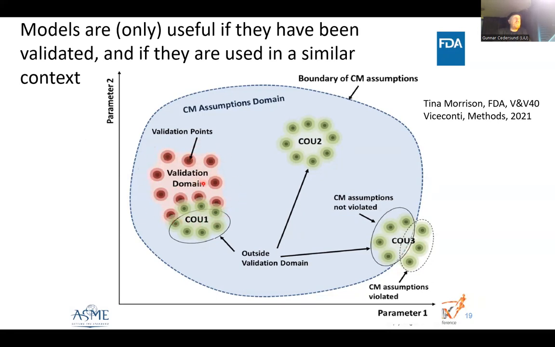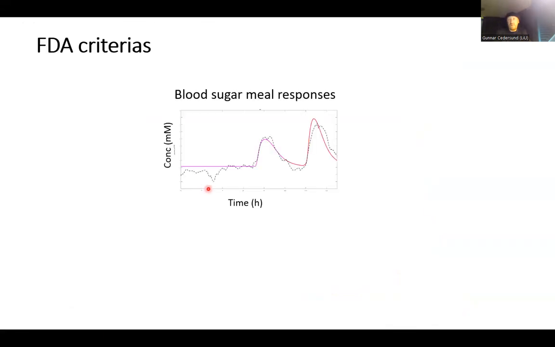Is that similar to where you validated the model? So if we have that in this meal simulation, which I'll come back to a couple of times in the course, then here we have the glucose concentration in the blood. We have the data from the glucose sensor, and we have the simulation, and we train the model on the breakfast response.